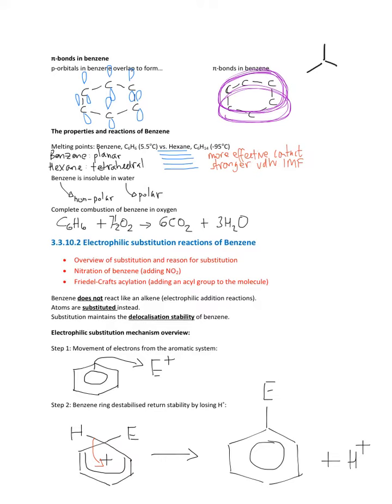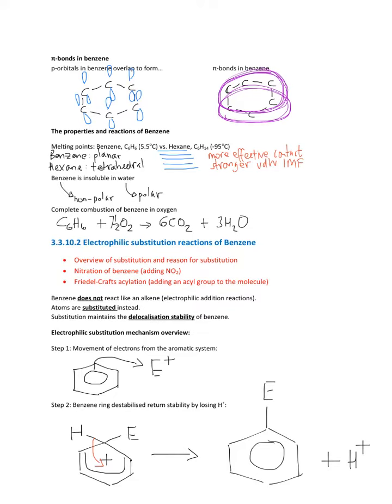This affects the way that the molecules can approach each other. Benzene molecules can approach, therefore there's more effective contact between the molecules, and that leads to a higher melting point, because they have stronger van der Waals forces as they can approach each other much more effectively.